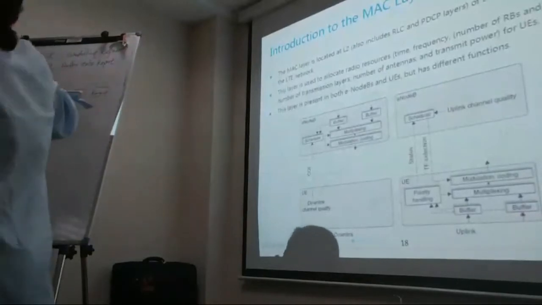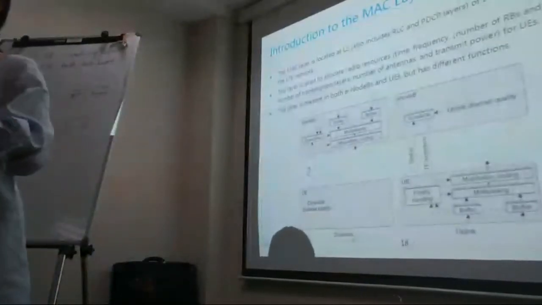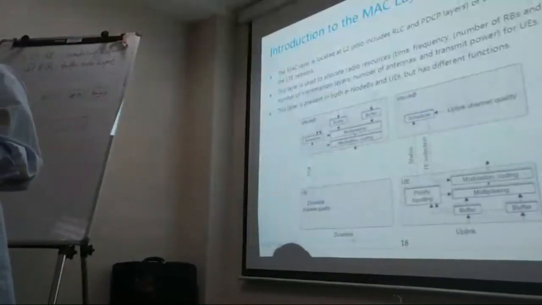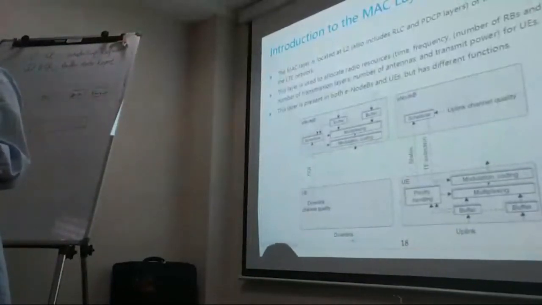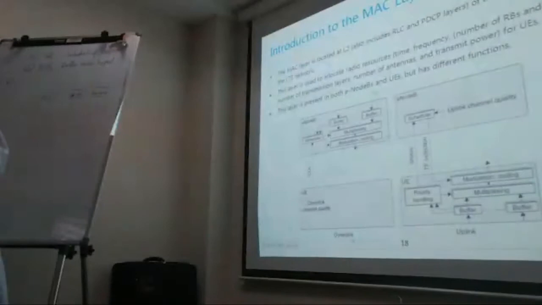If the UE reports the BSR but the eNode B cannot receive it, what will happen? It will not reserve any resource. It cannot allocate a proper resource, because I cannot receive your BSR, which means I don't know you have the service.